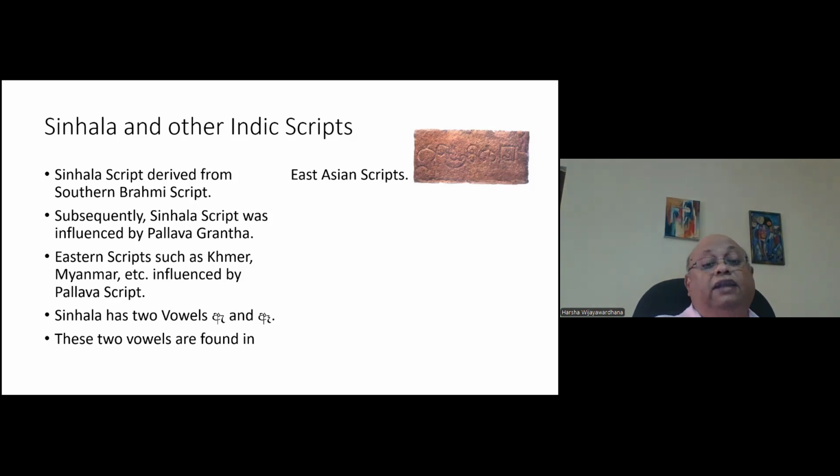Thai has a sound modifier, written in the southeastern or eastern scripts such as Khmer and Thai. But other than that, these two vowels are predominantly in Sri Lanka. What you are seeing right now is the Khmer script on the other hand.